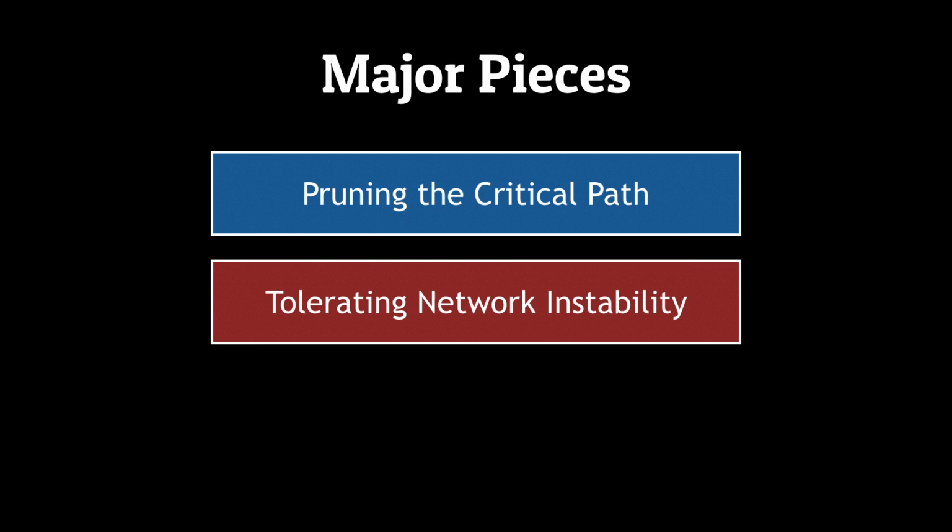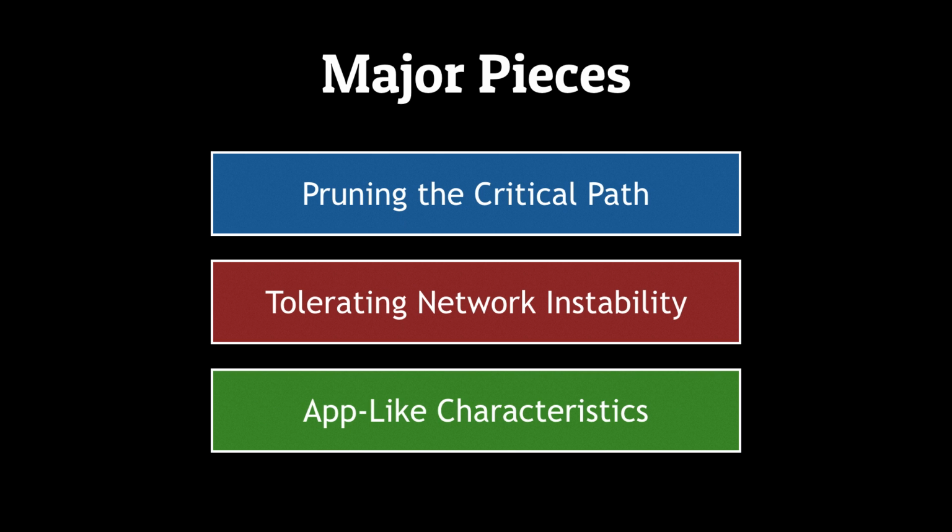We have a category of technologies that let us tolerate network instability through caching strategies and other methods. And then we have things that allow our web application to have native app-like characteristics. These include things like a home screen icon, startup splash screens, and more.